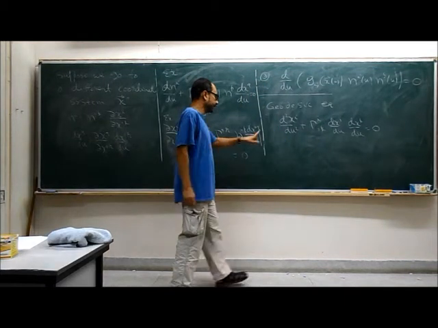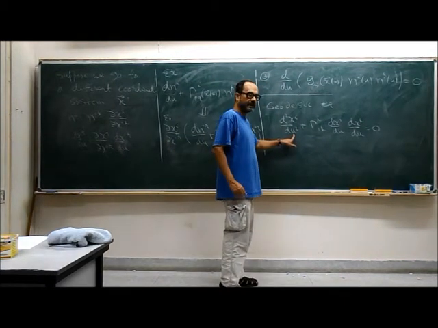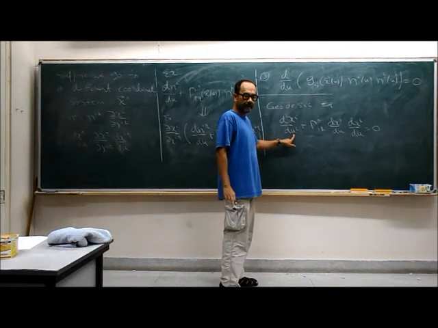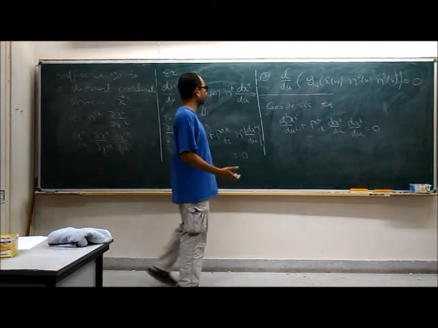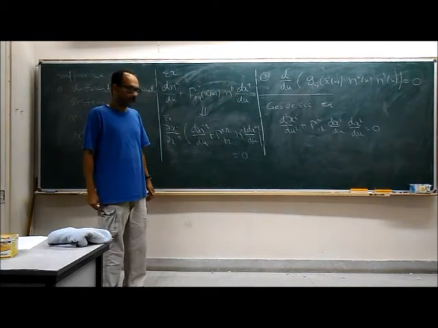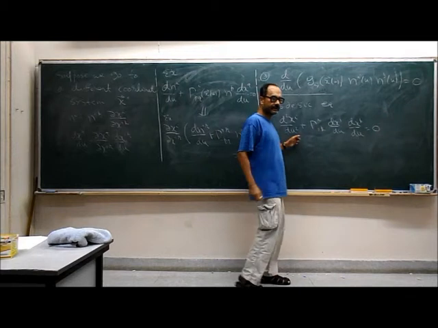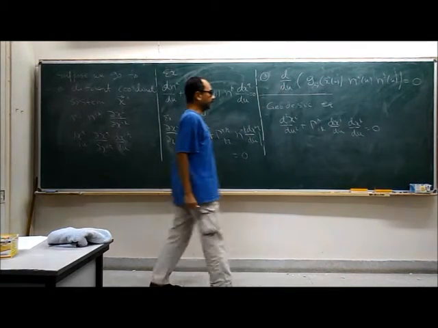Let me emphasize again that it is valid only for a specific class of parameters, the affine parameters, not all parameters, because this equation is not invariant under u going to a function of u. It involves second derivatives, and this will mess up the terms.